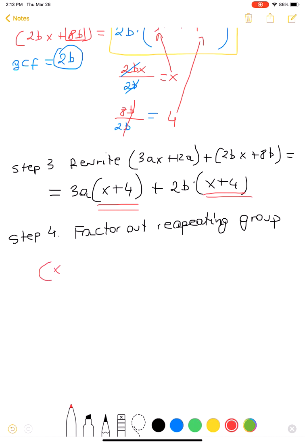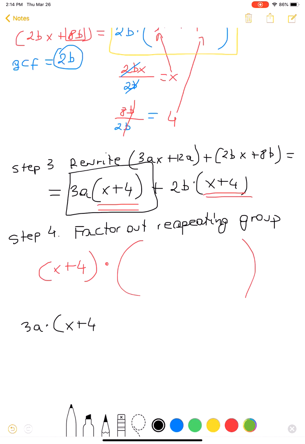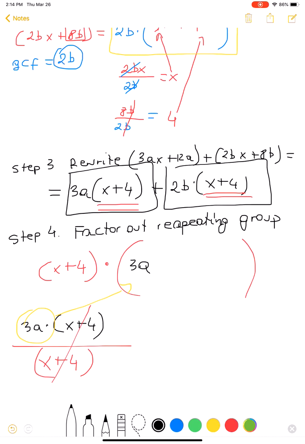So we're going to factor out x plus 4 times, and in the second parentheses we put the result of the division. Taking your original expression, 3a times x plus 4, since we're factoring out x plus 4, which becomes our GCF, the division gives you 3a. So that 3a goes inside of the parentheses. And originally we have 2b times x plus 4.